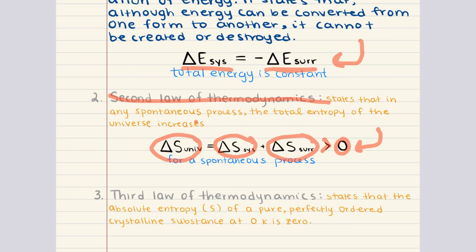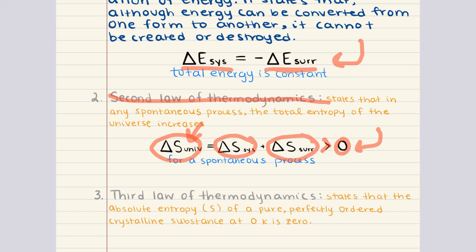Here, delta S of the universe is the change in entropy of the universe, and again, it includes both the system and its surroundings. For a process to be spontaneous, the total entropy change must be positive. And this law is crucial because it sets the direction for spontaneous processes, and it reinforces that nature favors dispersal and disorder.